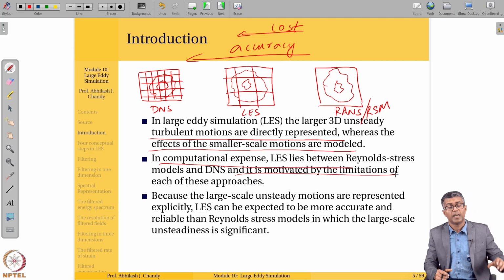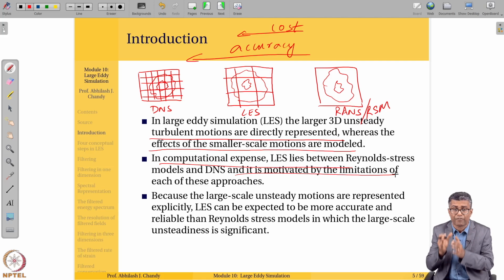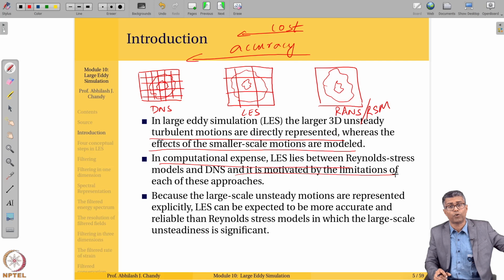Whereas in reality, if it is preceded by a contraction, there could be a time history associated with the evolution of the strain rate. In that case, the Reynolds stress is not going to be 0, because it is going to be affected by what happened before that.